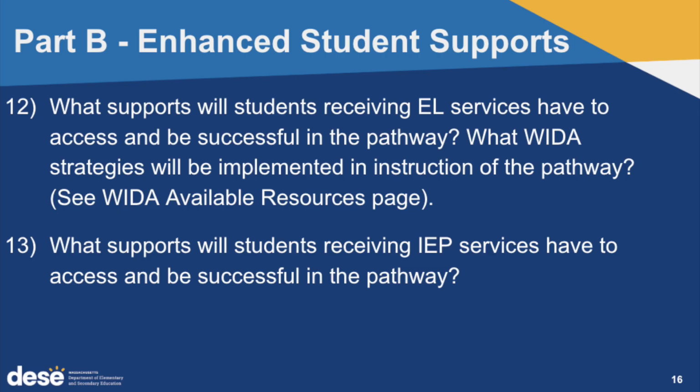You may want to review your school's current policies and practices related to meeting these students' needs, as well as the linked WIDA and DESE resources about educating English learners and students with disabilities. These resources will help your team assess your school's readiness to effectively provide any needed support for all pathway students.